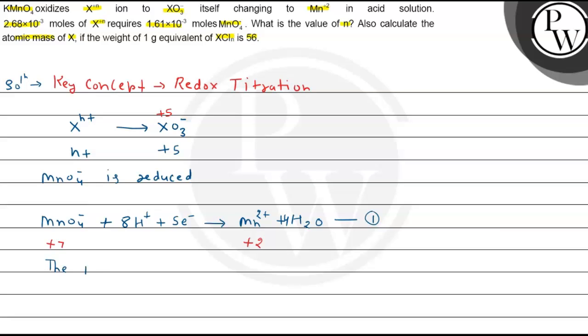The ratio of the moles by which the reactants are reacting with each other will be the number of moles of Xn+ divided by the number of moles of MnO4⁻.